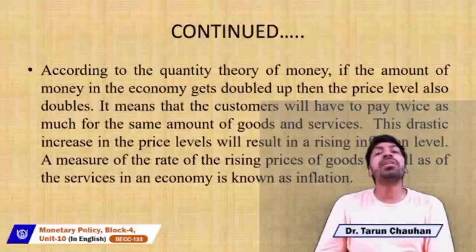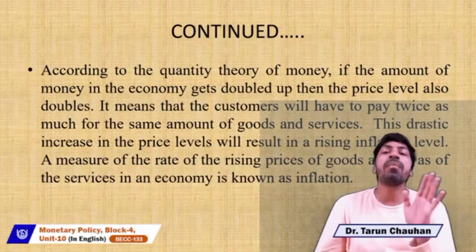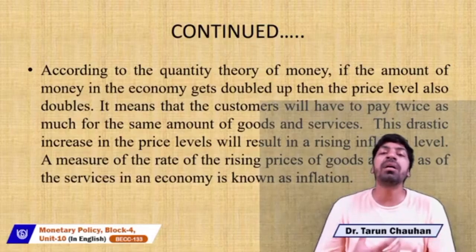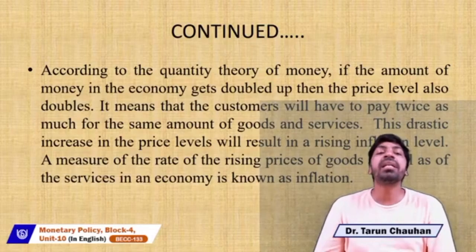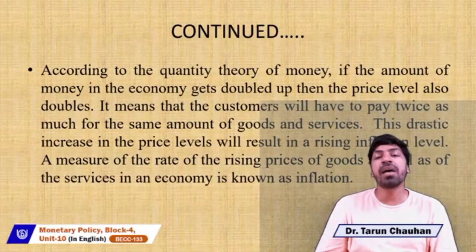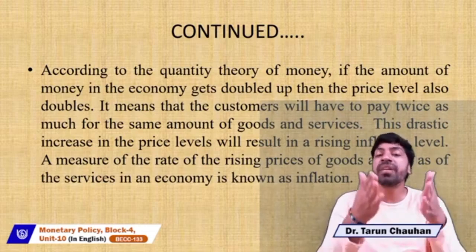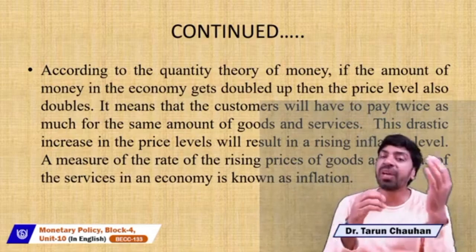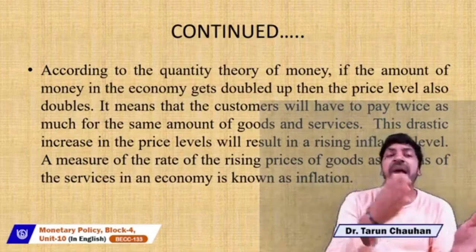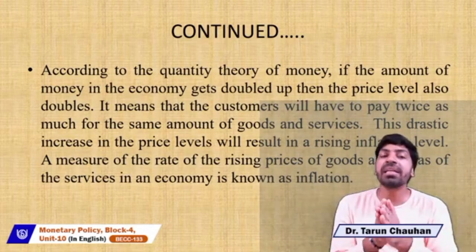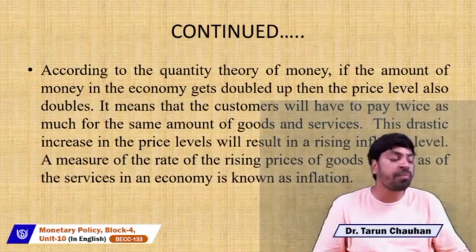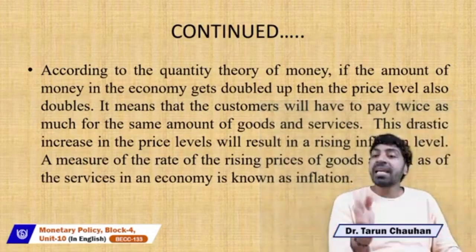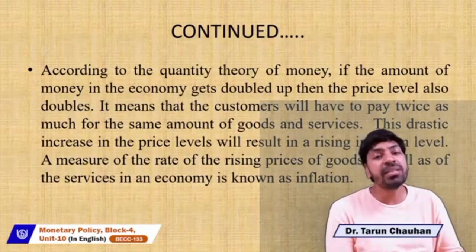According to the quantity theory of money, if the amount of money in the economy increases by twice, then the price level always doubles. As I already told, it is a fractional and proportional relationship between the money supply and the price level. So if the money in the economy increases twice, then the price level will also increase.